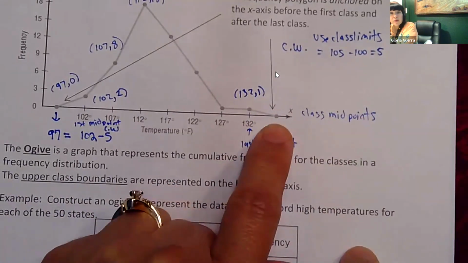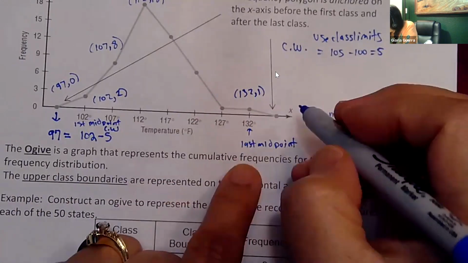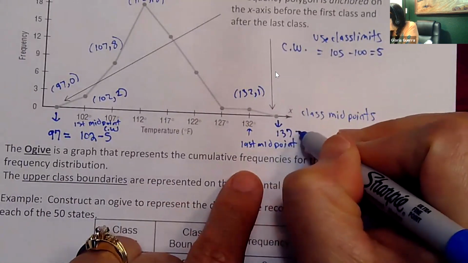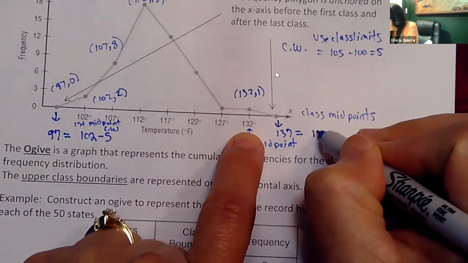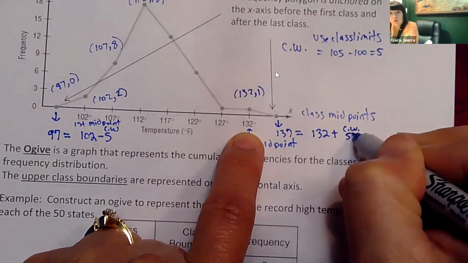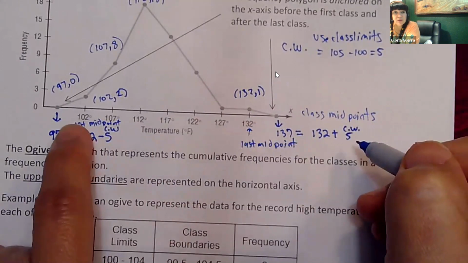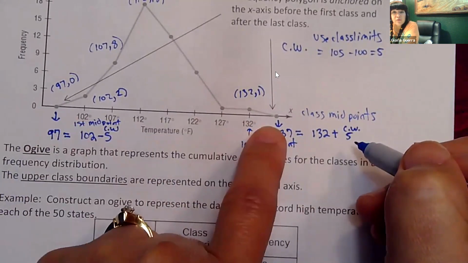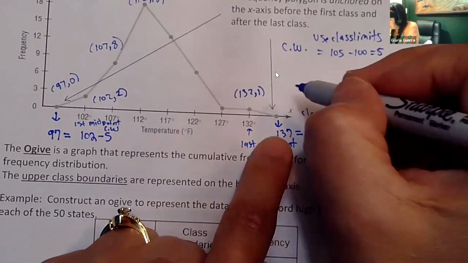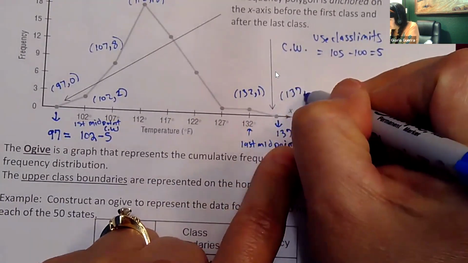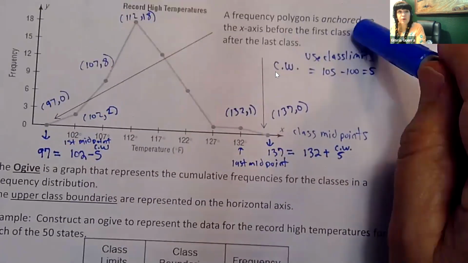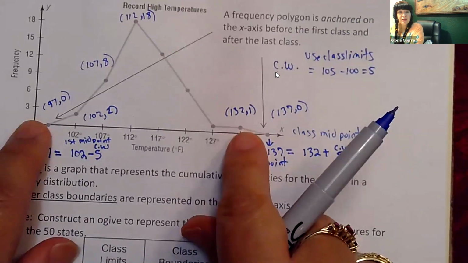Where do I anchor that? This number is going to equal 137. And why? Because you take this midpoint 132 plus the class width, which is 5. Over here we were subtracting previously; here afterwards you add, and 132 plus 5 is 137. So this is (137, 0). So the frequency polygons are anchored at the beginning and at the end.